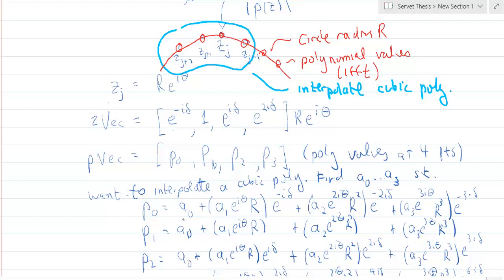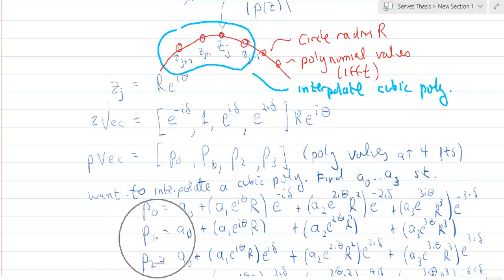So notice that this is a0 plus a1 times Zj minus 1 plus a2 times Zj minus 1 squared plus a3 times Zj minus 1 cubed. Right? This value here, e to the i theta r, that's Zj, times e to the minus i delta, this product is Zj minus 1, just like I mentioned up here. That's the same as this product here. So here I have a1 times Zj minus 1, a2 Zj minus 1 squared, a3 Zj minus 1 cubed.